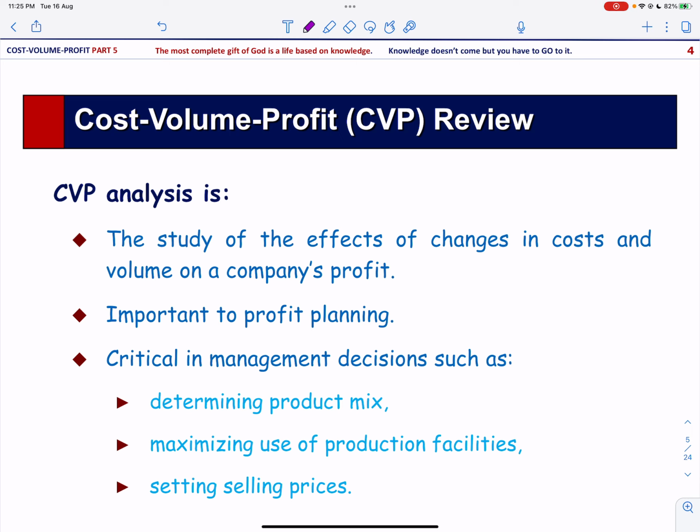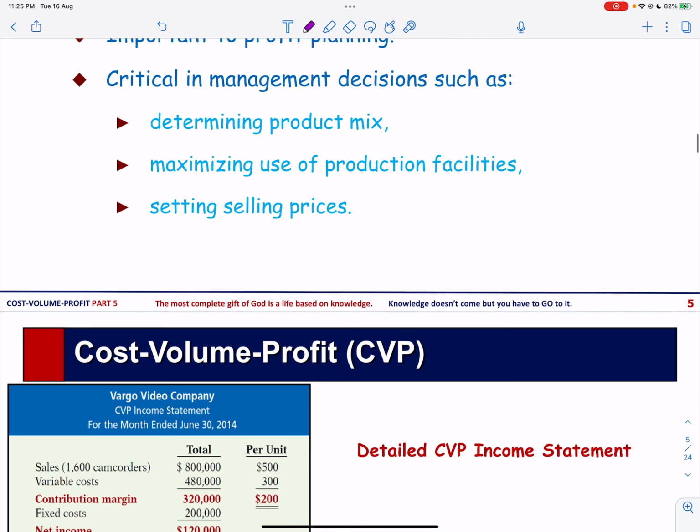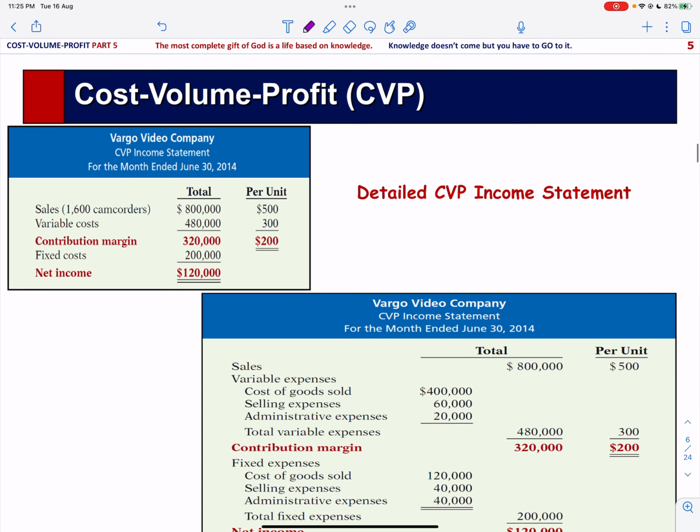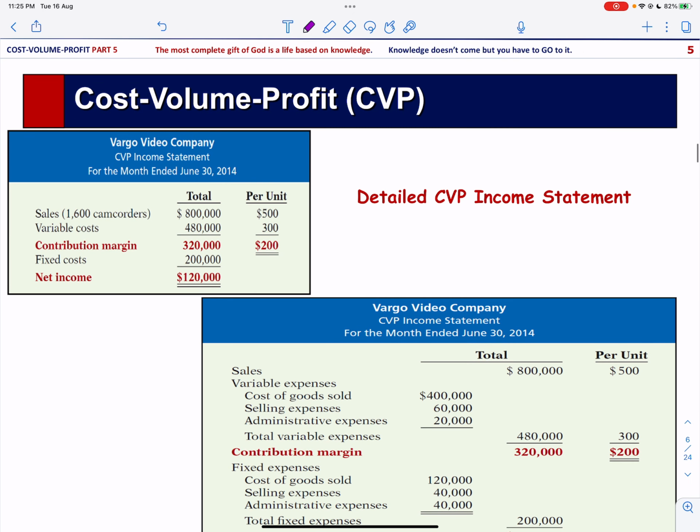Cost, volume, profit analysis makes several assumptions, including that the sales price, fixed and variable cost per unit are constant. Let us look into the cost, volume, profit income statement. A cost, volume, profit income statement is for internal use only.